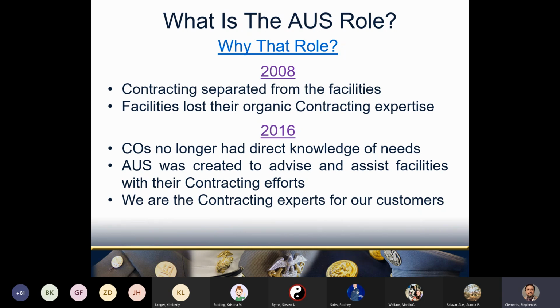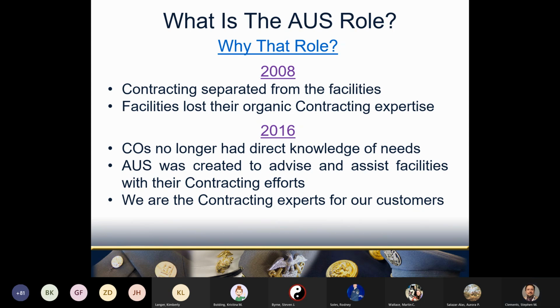They lost firsthand involvement with our program offices and direct visibility on their needs. And in the case of out of sight, out of mind, it's easier to not interact with someone every day when you don't see them every day. Like these Teams meetings, they make communication very easy, but you have to have the thought first, I need to talk to this person, and then you got to hit some buttons, and every additional step increases opportunity cost.